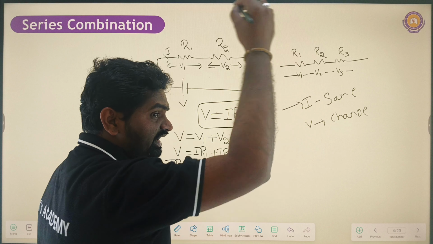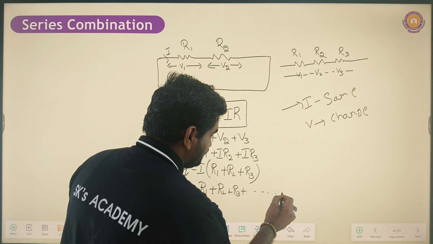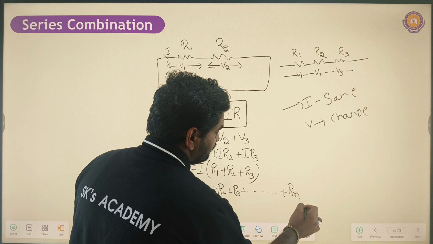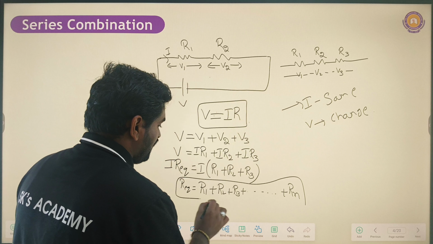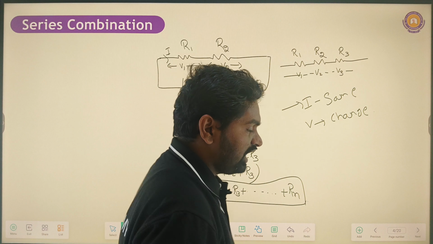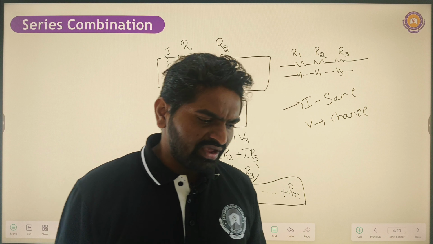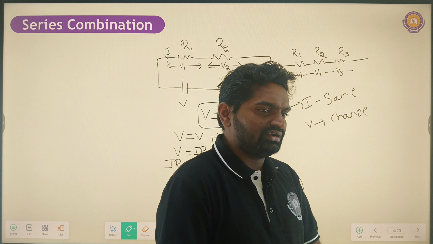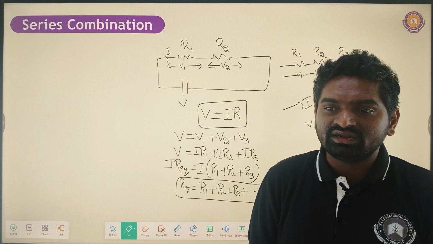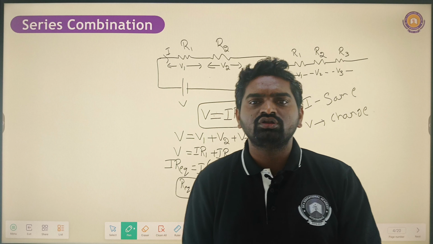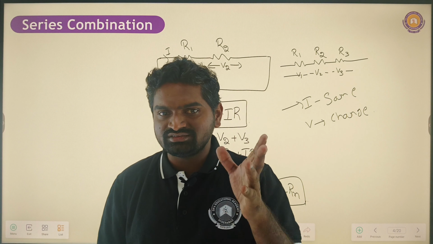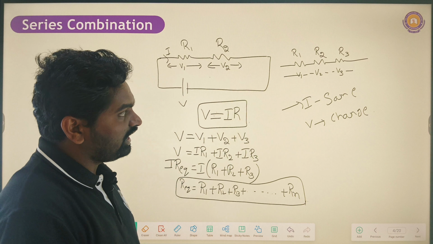If we add more resistances, up to Rn, then R equivalent is equal to R1 plus R2 plus R3 and so on up to Rn. If n resistances are connected, the total R equivalent in series combination is the sum of the individual resistances.